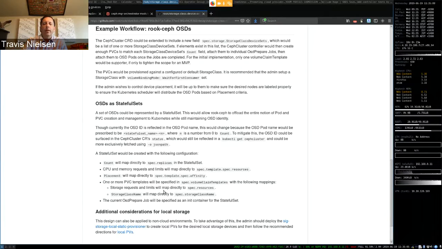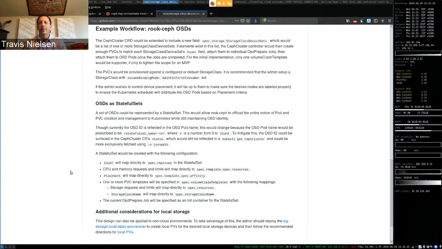So, one other consideration, and a reason we have the one OSD per pod design, is so that we can have the OSD ID in the name of the pod. That's why we separated out the Ceph volume, or the OSD prepare pod, as a separate step, so the operator could see, oh, I know what ID you are, start the pod with the ID in the name of the pod.